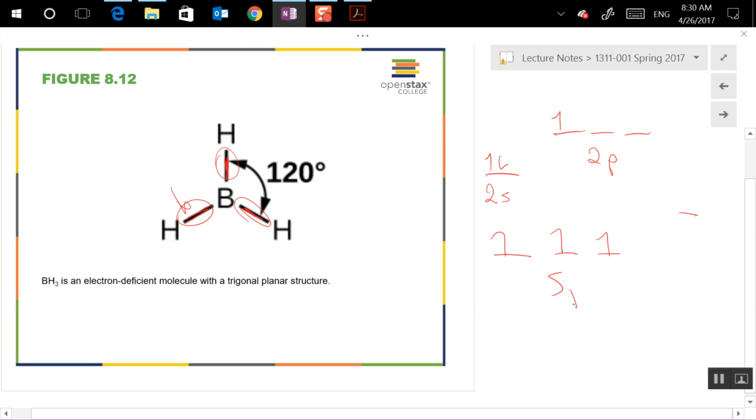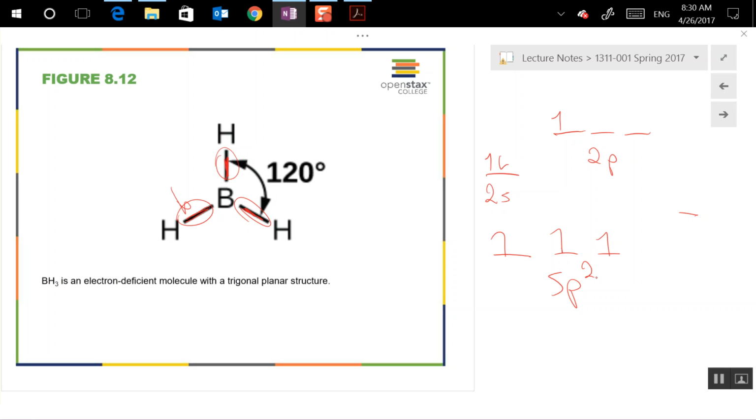It's sp2. The hybridized state of boron is sp2 because it's making 3 sigma bonds. No lone pairs. If I had a lone pair on boron, that would cause it to be in the sp3 hybrid state.